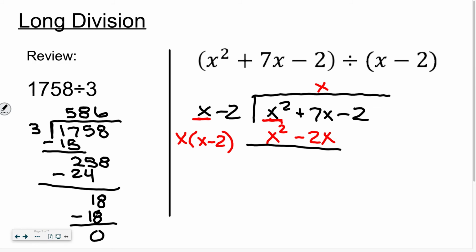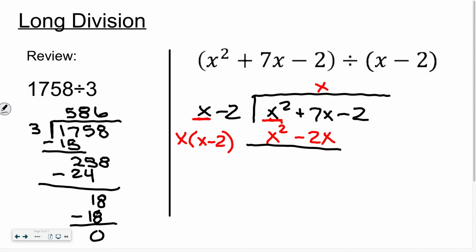Okay, now normally, what would I do with this dividend, x squared plus 7x minus 2, and the thing that's underneath? Subtract. Now here's where you have to be a real honors algebra 2 student. You want to subtract all of it.